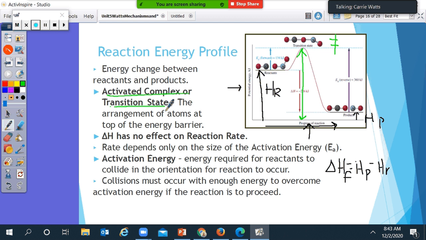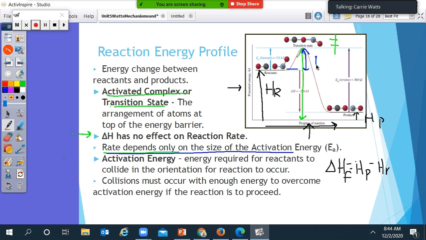Now, make sure you understand that the heat of the reaction, or delta H, has no effect on the reaction rate. Okay? The rate only depends on the size of the activation energy. That's the energy required for the reactants to collide in the right orientation. And that's measured right here. It's the energy from the reactants to the peak.